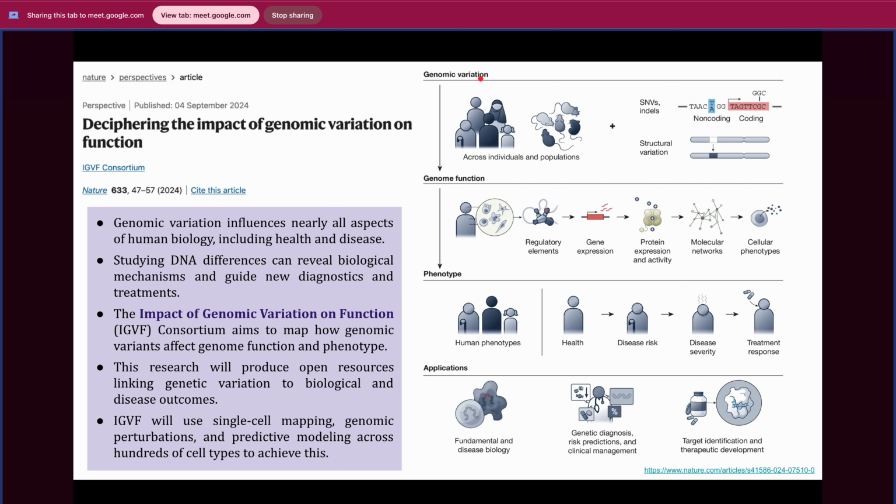In this figure, they have shown how the genomic variations can be captured. Firstly, across individuals and populations, the information of genomic variants is captured. These variations can arise from single nucleotide variations, or these could be indels, which means insertions or deletions. Single nucleotide variation will be the change in a single nucleotide position.